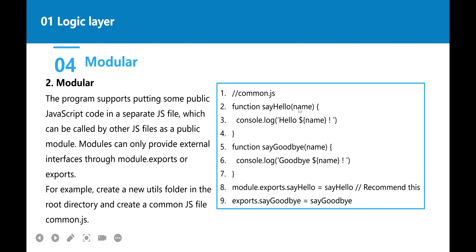They have their parameter, name. But pay attention, exports here is a citation of module.exports. So it may create some problems if we do some modifications to the values here.